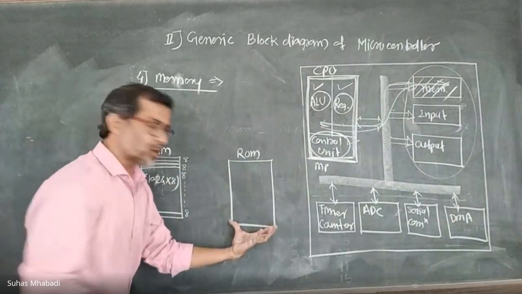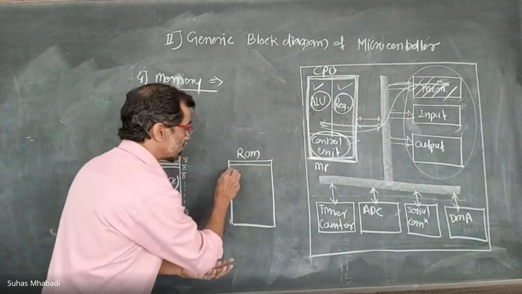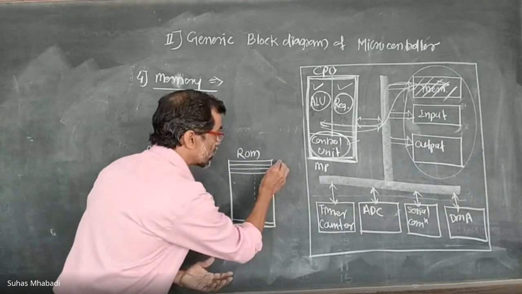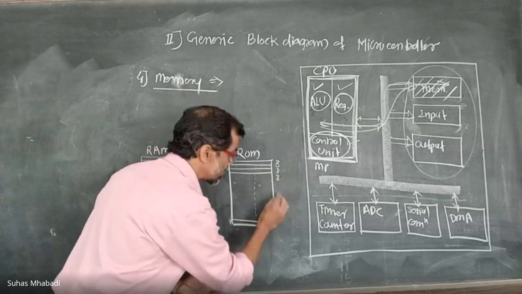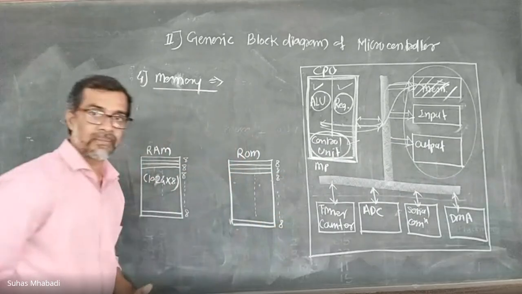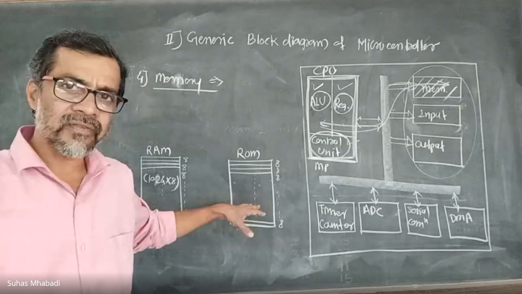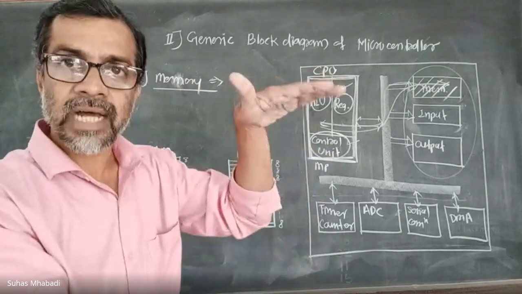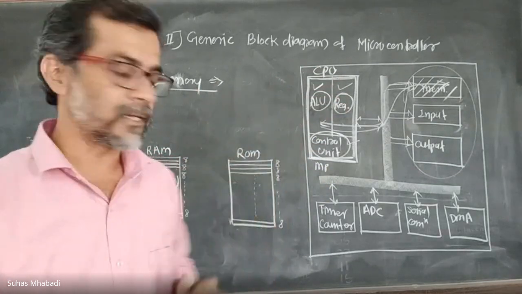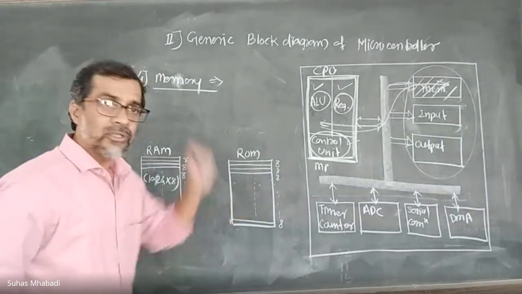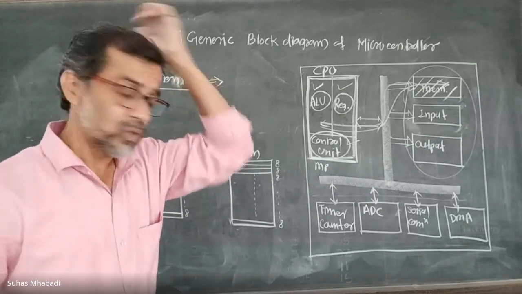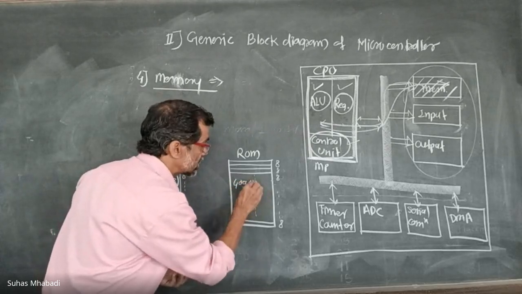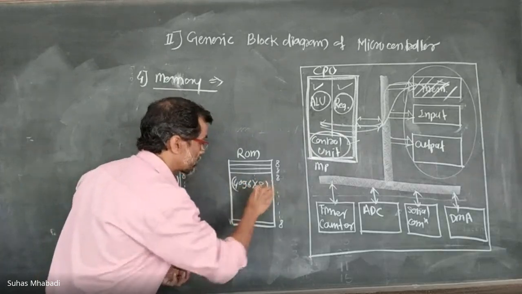Similarly, what is ROM? ROM is also the same. Register 1, 2, 3, a number of registers are there, each one of them 8 bit. Again, the size depends upon how many registers we have used in a single memory IC. Suppose this is 4 kilo, which means 4096 registers, each one of them 8 bit.